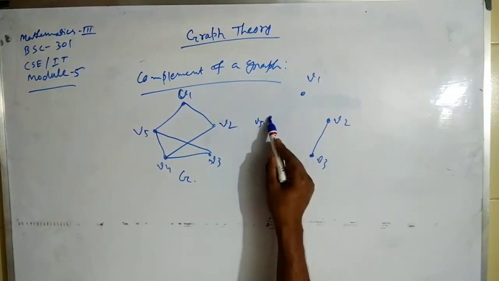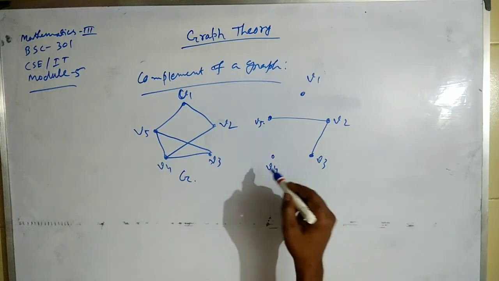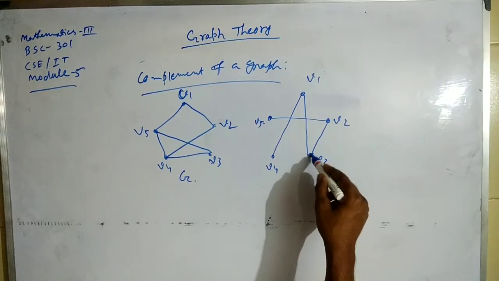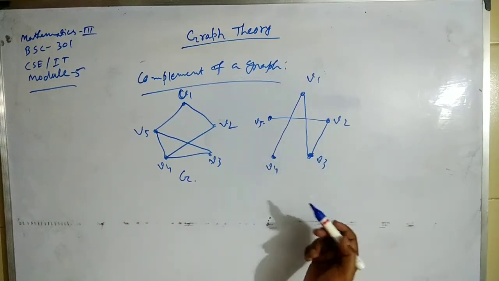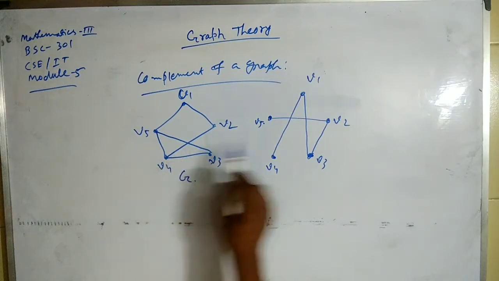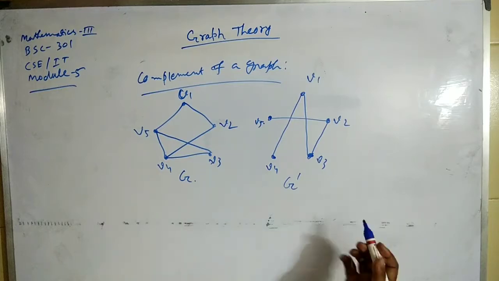V5, V2 is not adjacent. V4, V1 is not adjacent. V1, V3 is not adjacent. So this is the complement graph G dash of G.